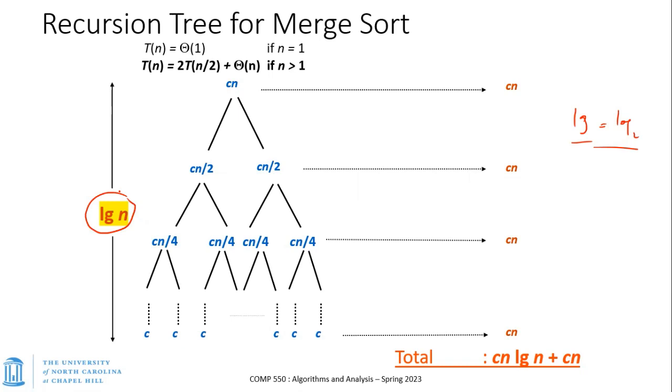The fact that this height depends on n is why you can't just neglect it; if this was constant, for example 3, then we could have neglected it. Since the height is a function of n, you need to take all of these Cn terms and multiply by the height. The height is log of n, so it becomes Cn log of n. You can add another Cn, but that's not really critical.